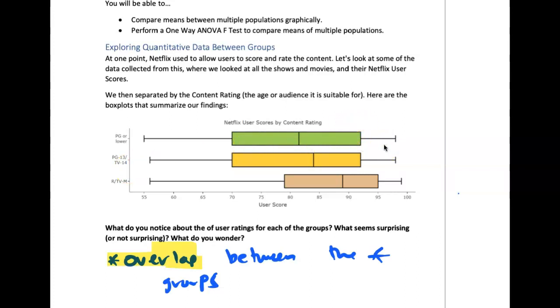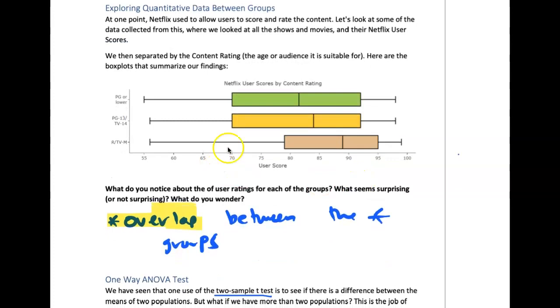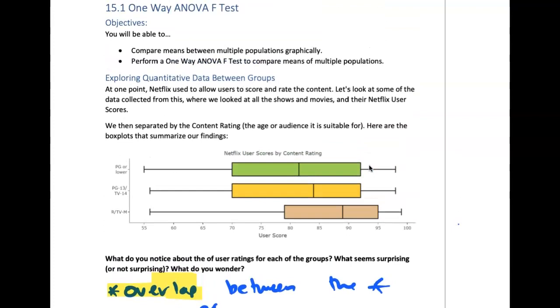We have these different levels, movie type and then the rating that goes with it. In this case, what do we notice? I see some overlap, but is there enough overlap to say that the ratings are the same, or are they different? That's the question that we want to answer with an ANOVA test.